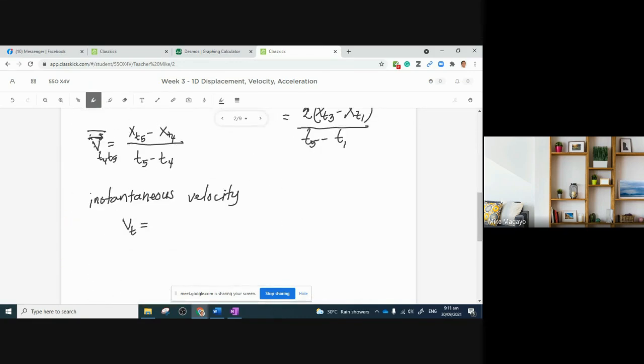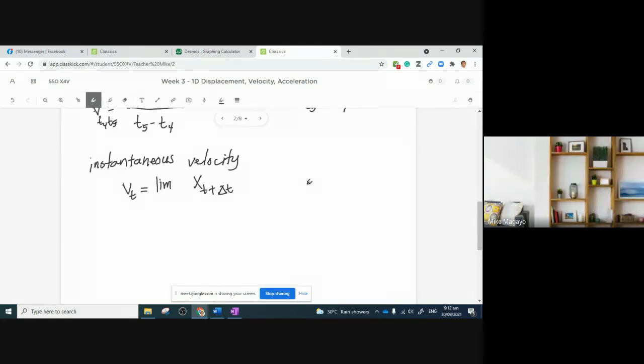So in that case, if we could make delta t very, very small, we could have a limiting case. If you can still remember your limits in your pre-cal, we could define instantaneous velocity to be the limiting case of the position at time t plus a very small amount of time, minus the initial position, divided by that small amount of time which you adjusted. Again, defining that delta t is very small. In that case, delta t approaches zero.